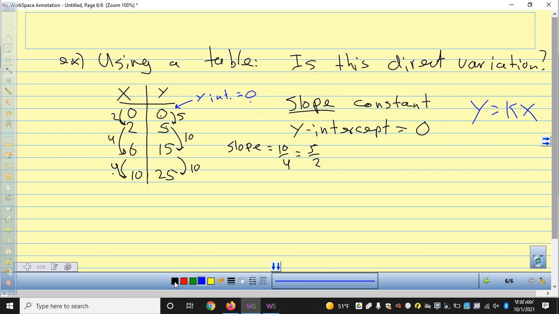So this is direct variation. And I could write the equation y equals the slope, 5/2, times x. And we can check to make sure we did it right. Plug in x equals 2. 5/2 times 2. Well, 2 divided by 2 is just 1, and I get 5. So we've done this correctly.